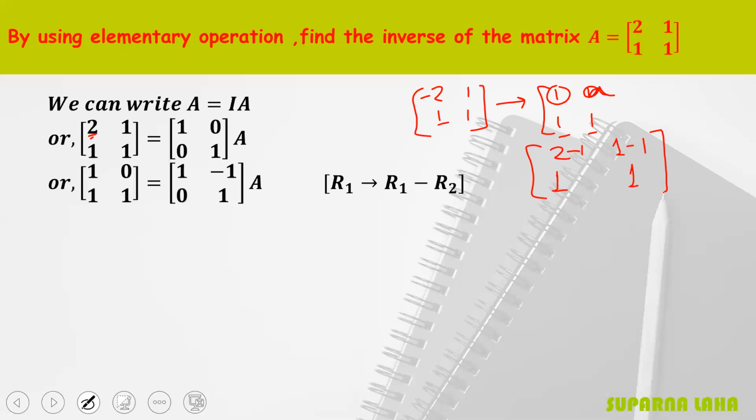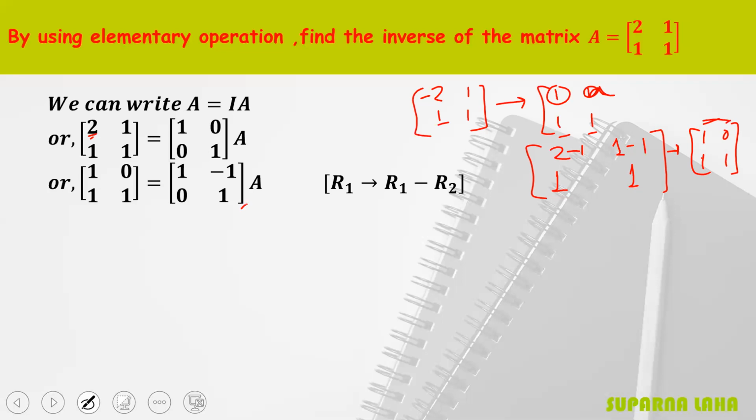So this is 1 0 1 1. Now the first row is completed. We don't need to apply any operation on the first row, since we need to find 1 0 0 1, and 1 0 we already get.